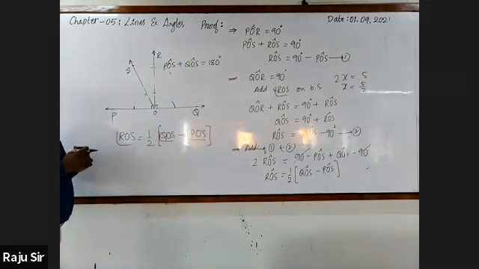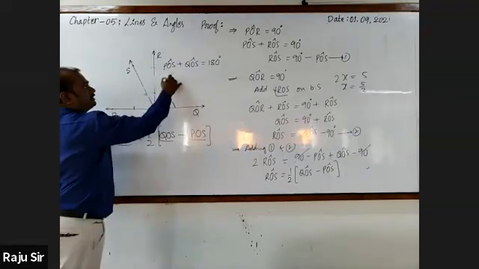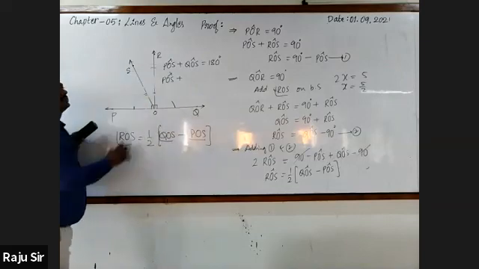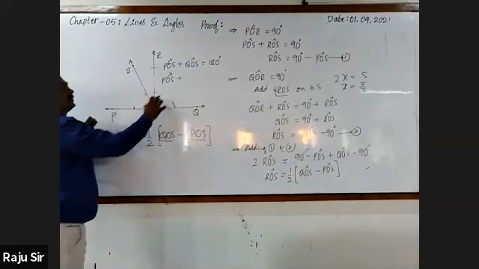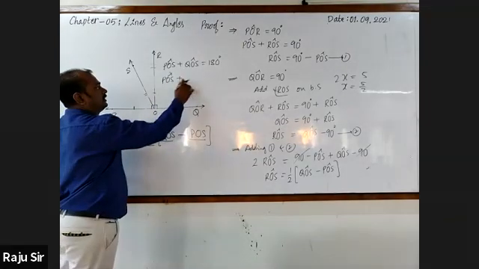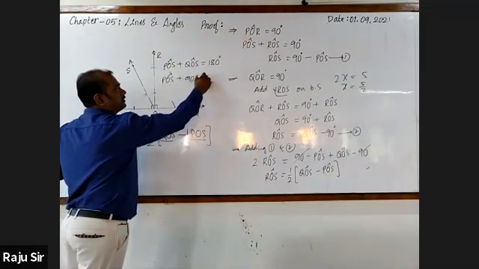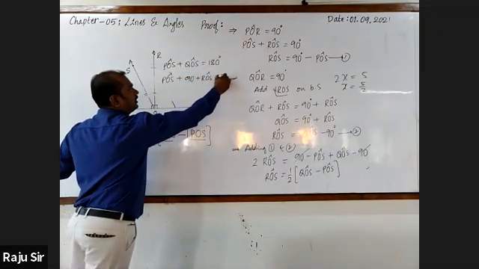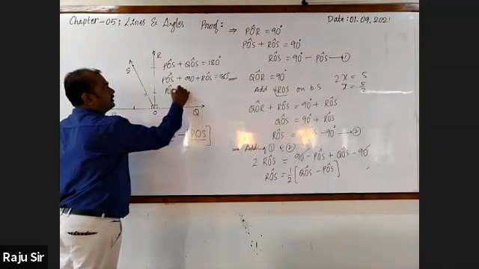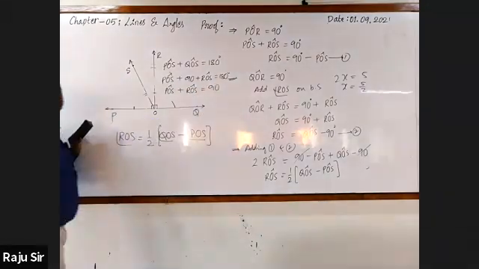Then further, POS, I'll write this as it is. What is QOS? QOS is 90 plus ROS. So 90 plus ROS equal to 180. Then POS plus ROS is equal to 90.